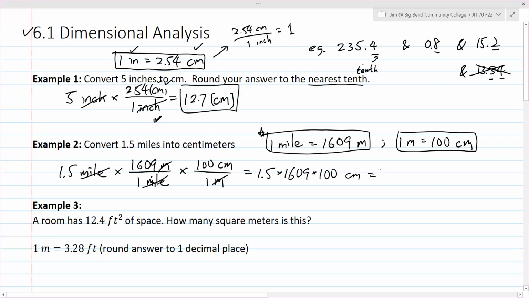And that is how we get the final answer. That would be 241,350 point, and we need a tenth decimal digit, so that's why we have 0.0 at the end. So this is your answer for this example.